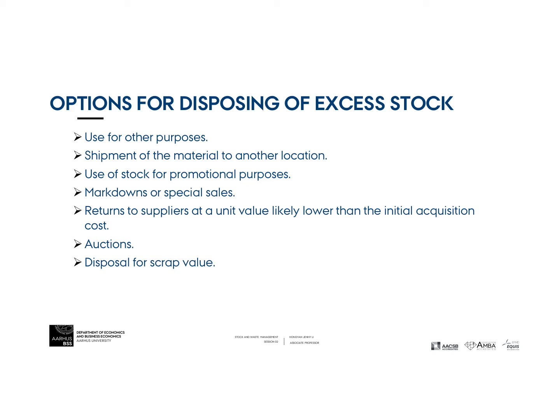The most important problem is that the company should be aware of the excess inventory or stock, and then find the best way to dispose of the excess stock. For example, this list shows the options for disposing.